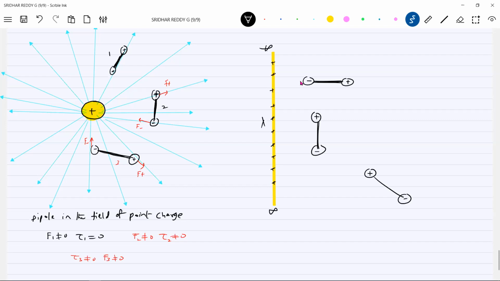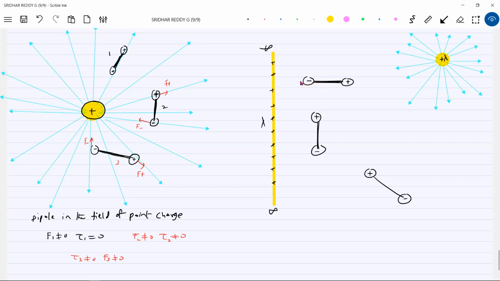And you should know one more idea of the line charge. If you view from the top view, the field produced by the line charge will be similar to a point charge, no? This is the top view.